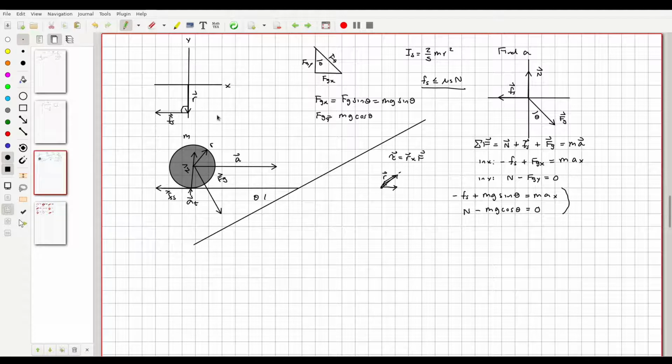Now, so there's only one torque here. I'm going to call this tau 1. Okay? It is r times F sub s in magnitude. And if you were to use the right-hand rule, it would place it into the screen. Okay?